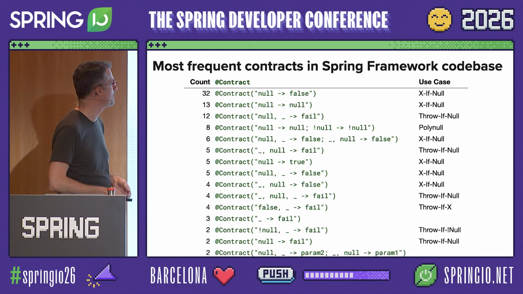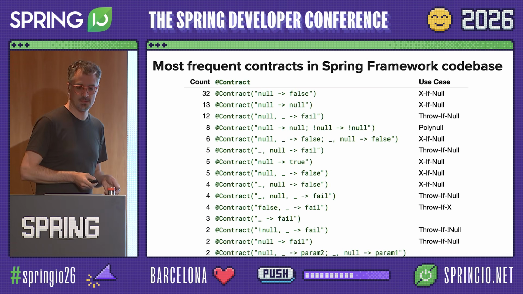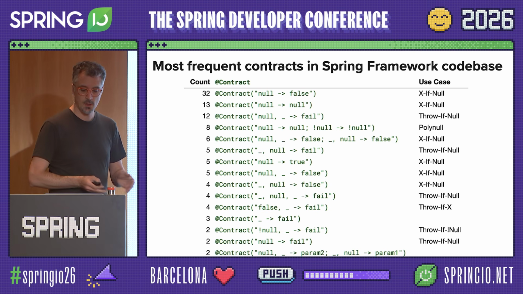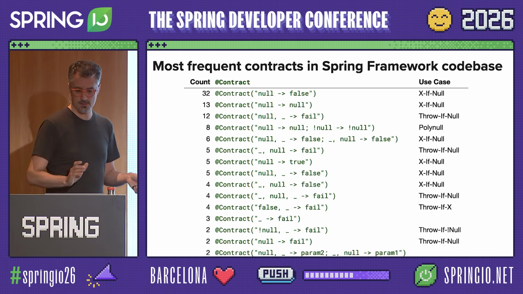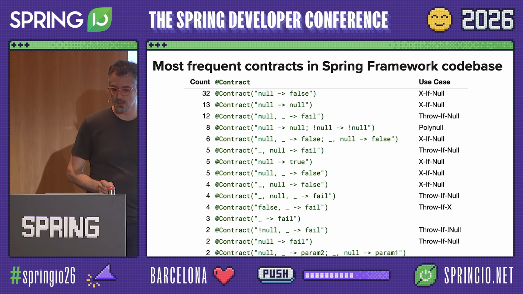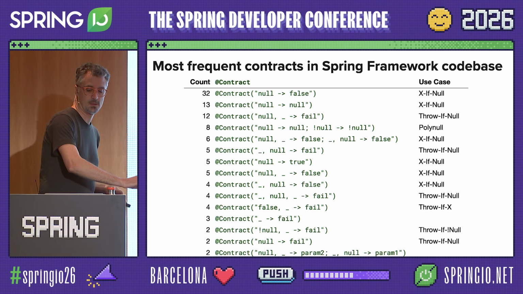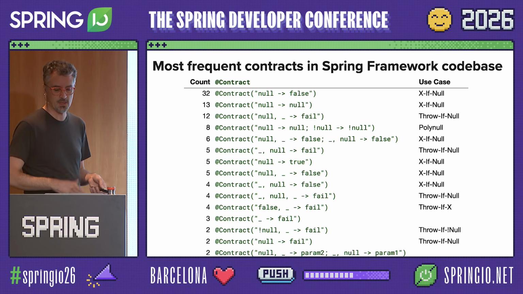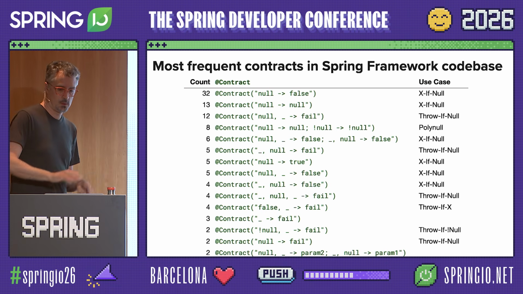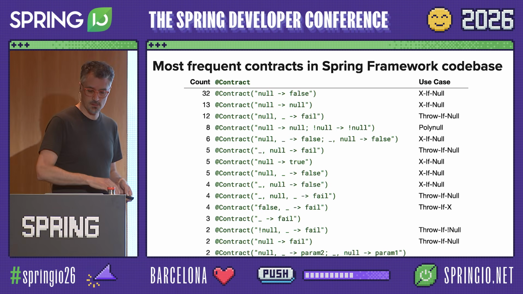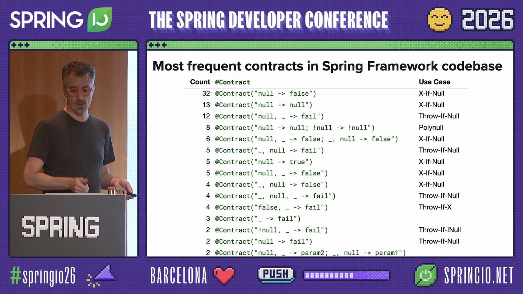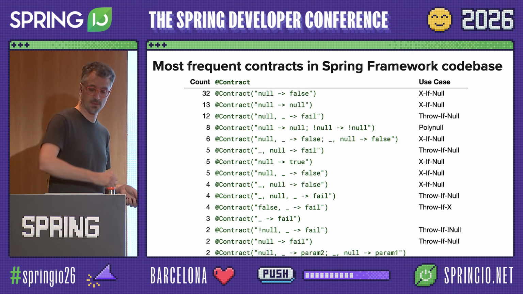So very complementary. To give you an idea, these are the most frequent contracts that the Spring Framework codebase is using. Of course, in your project that will be different, but it's interesting to see the patterns. You see the patterns where when a parameter is null, false is returned, which is again used by NullAway to refine the code path analysis. You have some use cases where we are throwing an exception depending on the parameter values.